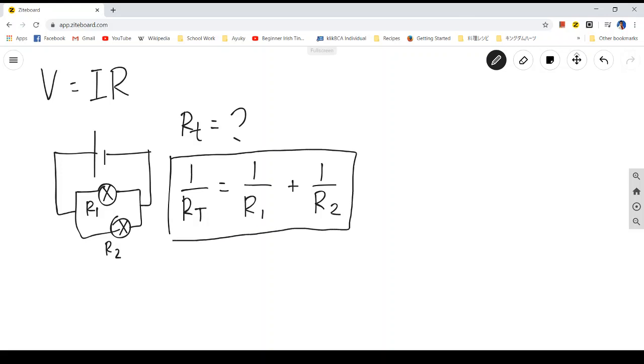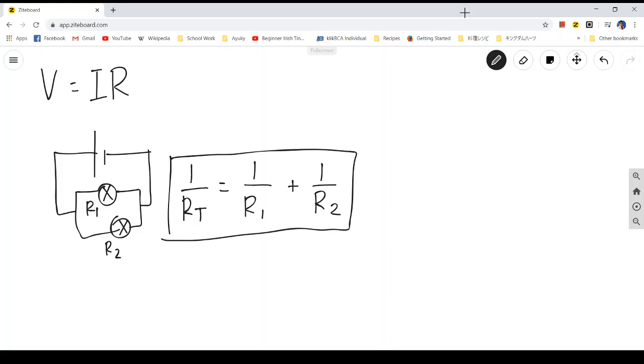And this form may remind you of the lens and mirror formula because it follows a similar format. 1 over f equals 1 over d plus 1 over d prime, and we are going to use this formula the same way as we did the lens and mirror formula. Okay, so I'm just going to leave the formula right there, and let's establish some values.